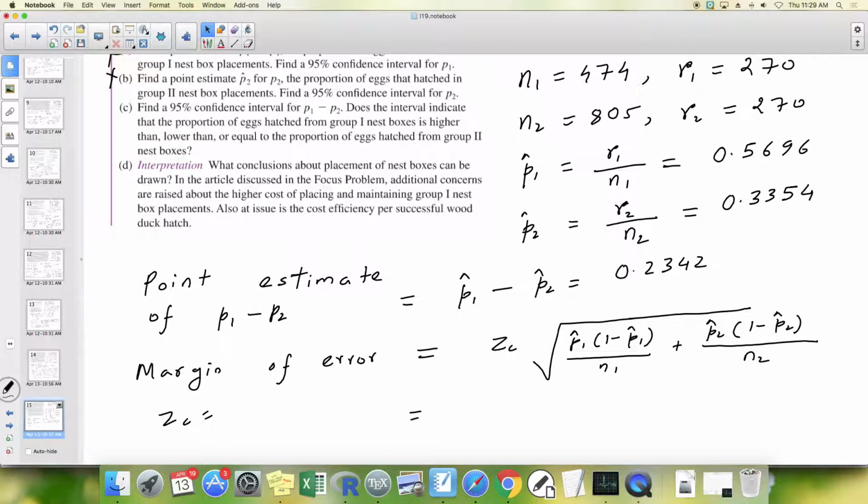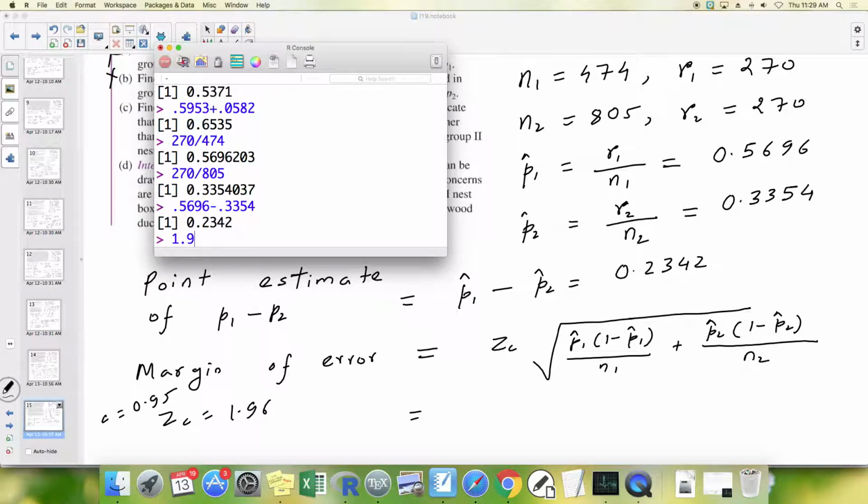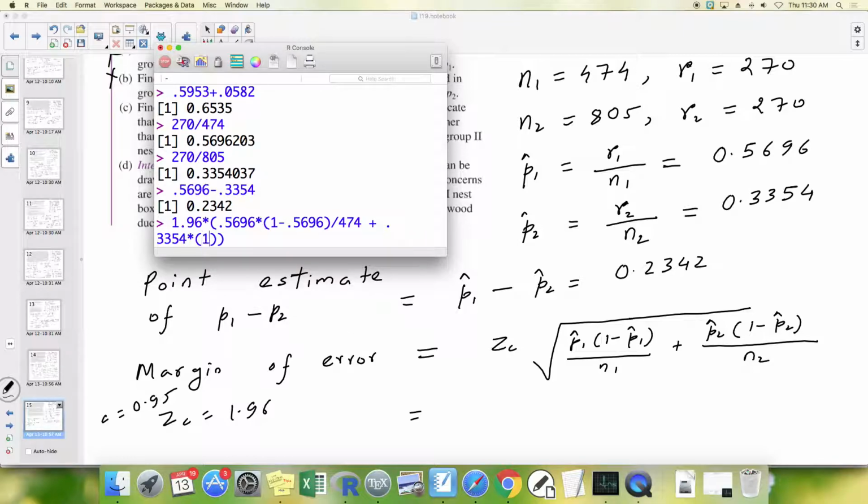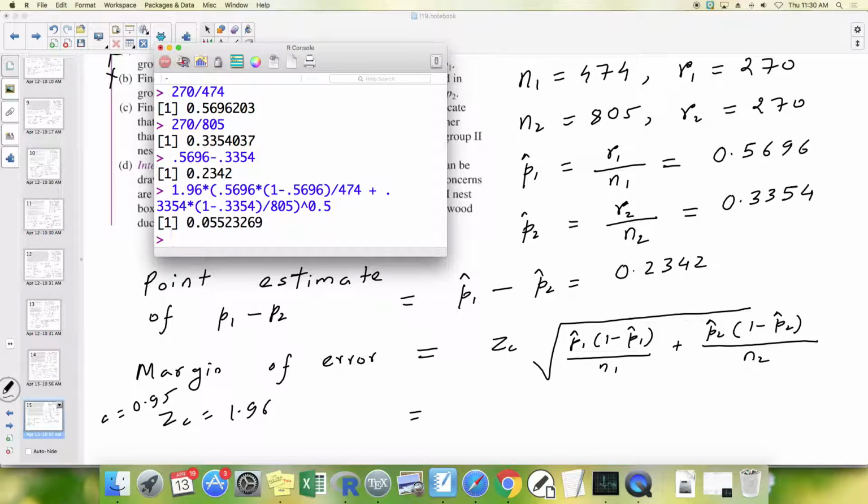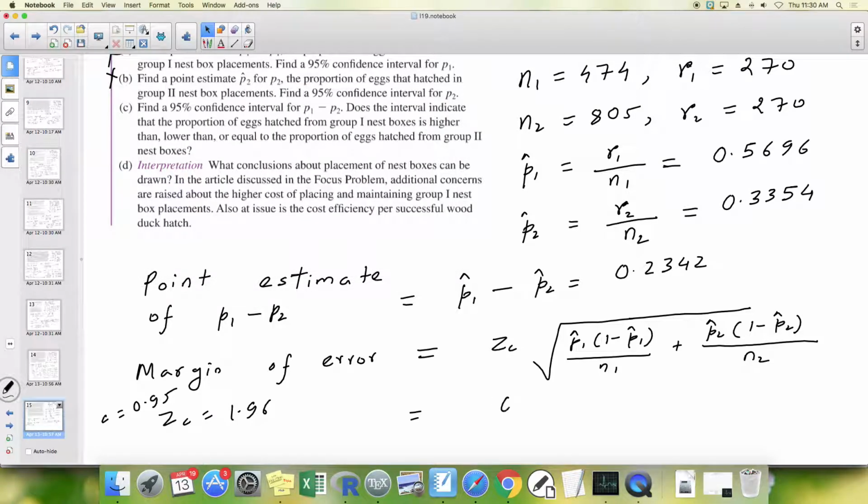By the way, ZC equals 1.96 since we are looking at 95%. So 0.0552.